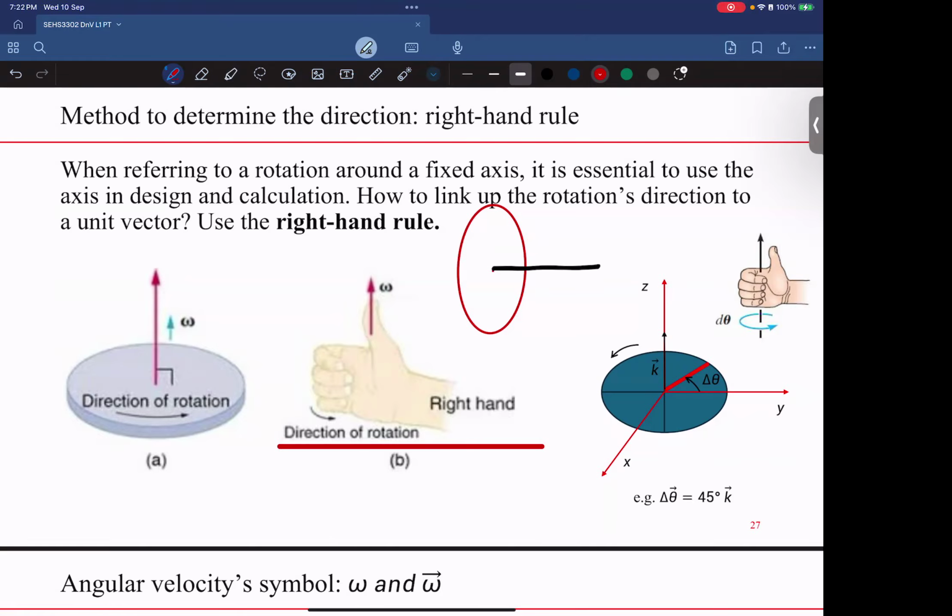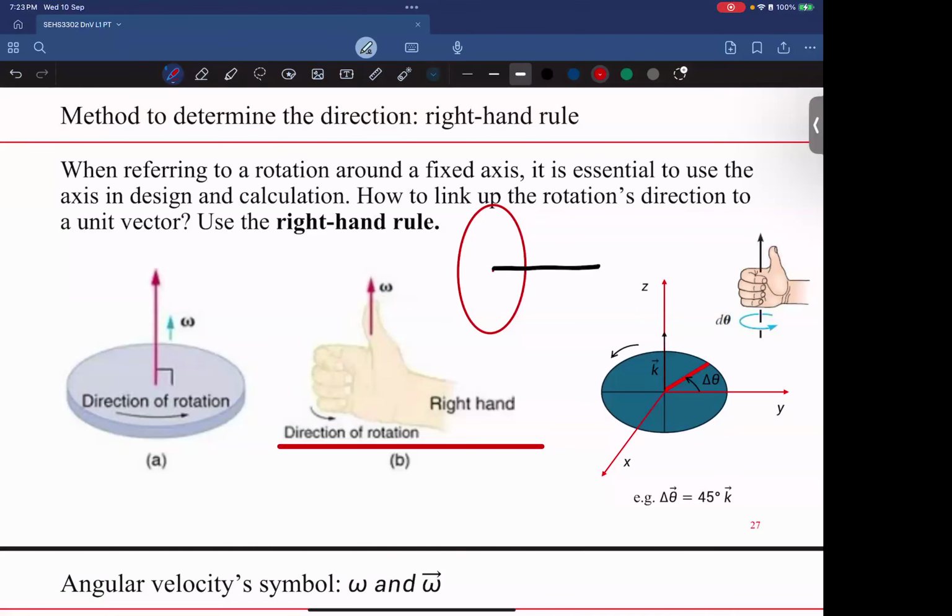Therefore, there's no need to have a clockwise or counterclockwise description. We just use a vector, an arrow, to denote the rotation.